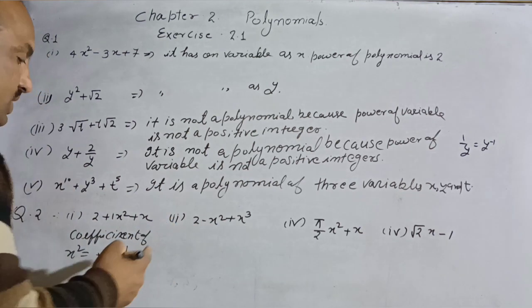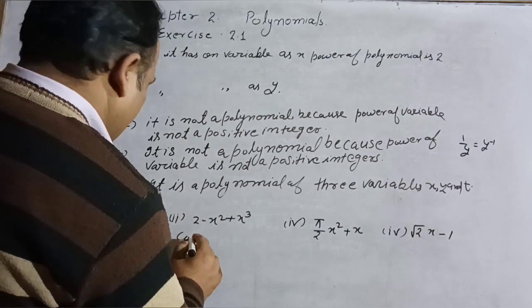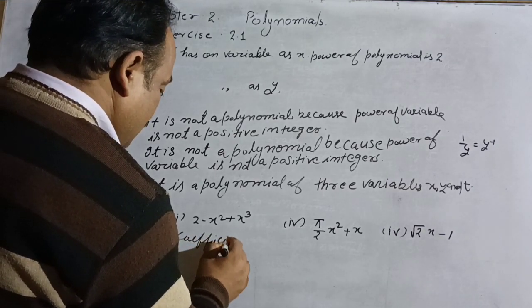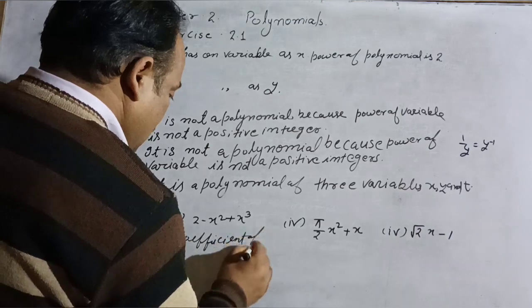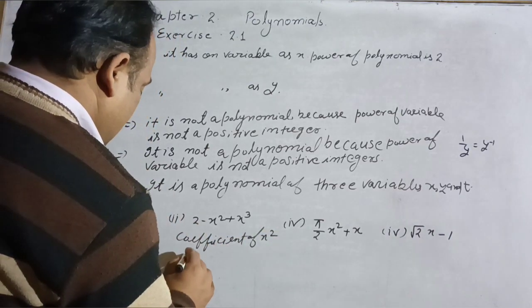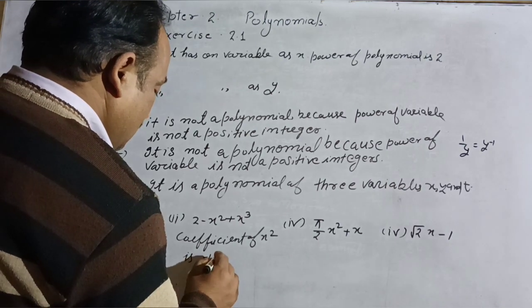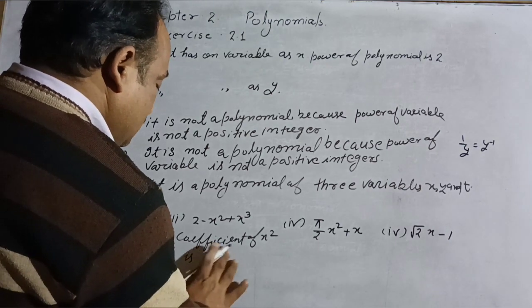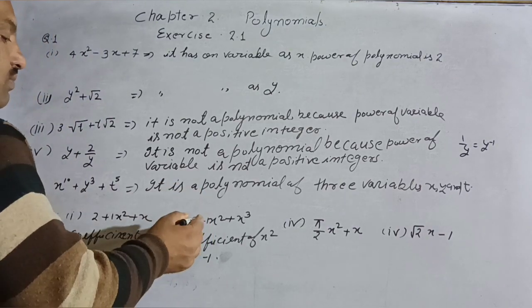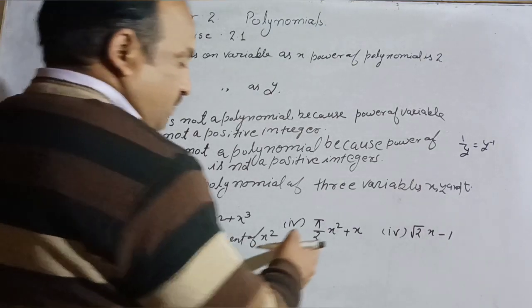But here the coefficient of x square is minus 1, because x square is multiplied by minus 1.